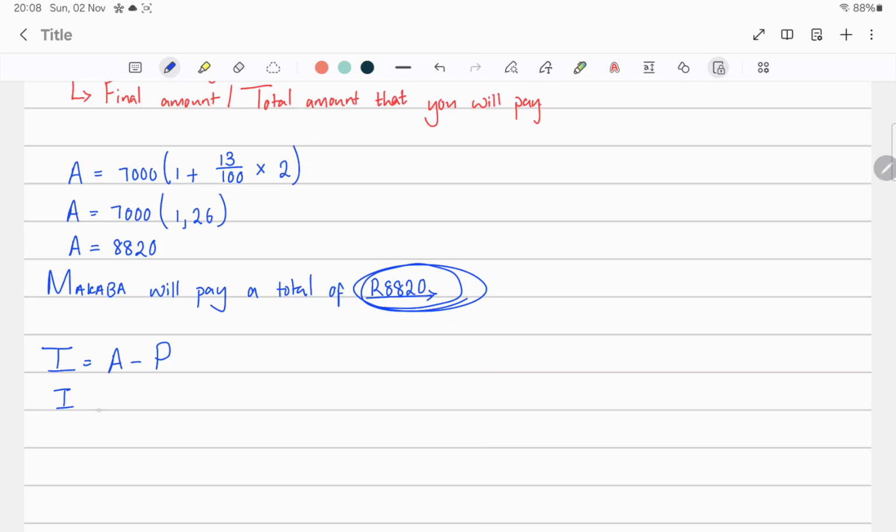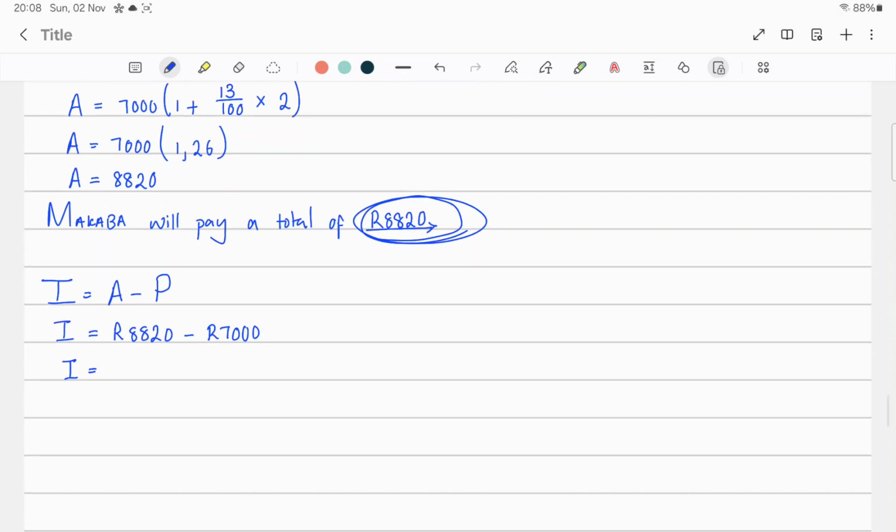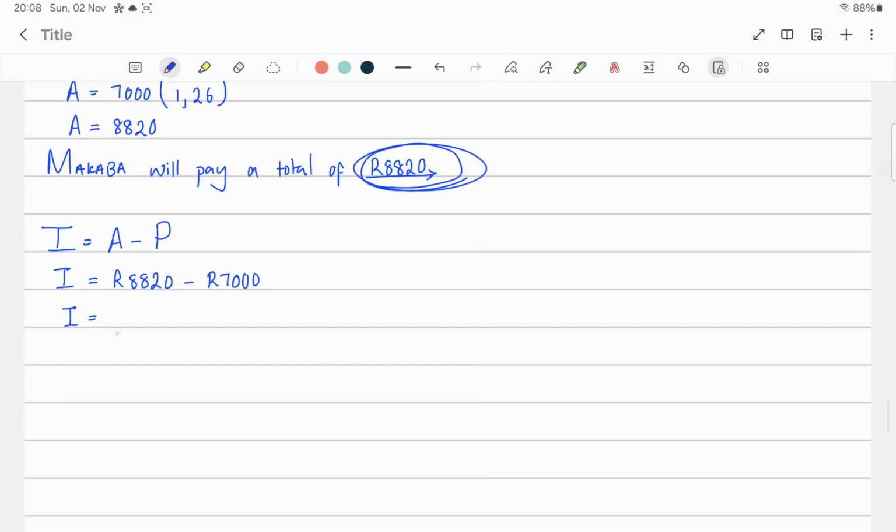So the total interest will be our A, which we just calculated to be 8,820, minus our P, the amount Makaba borrows, 7,000.